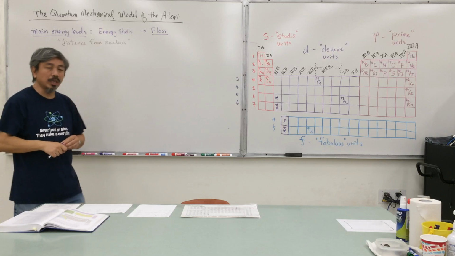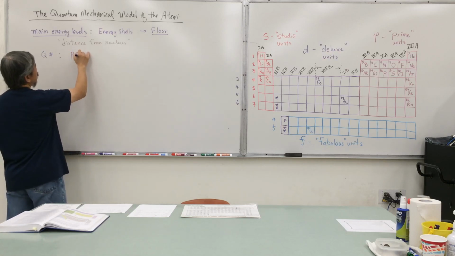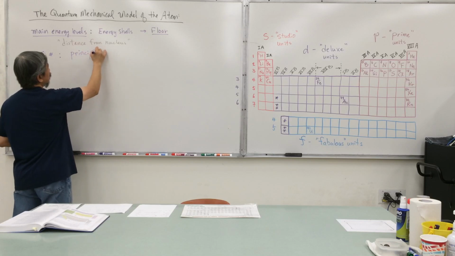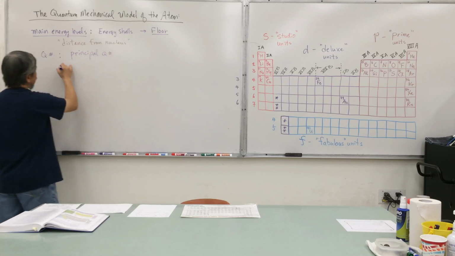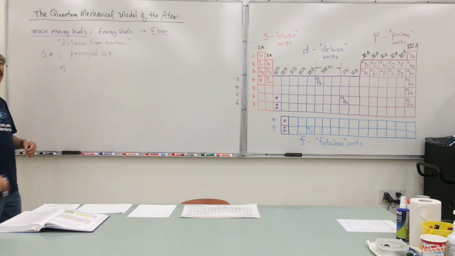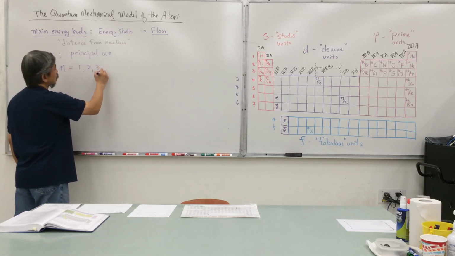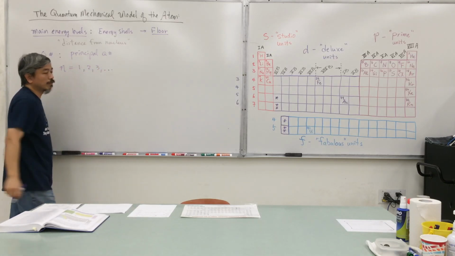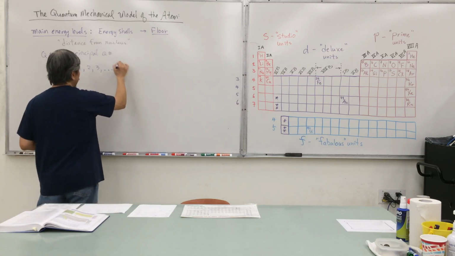The quantum number in this case is called the principal quantum number, and it's going to be designated using the symbol N. It tells you basically the floor number. So this would go from 1 to 2, 3, and so on and so forth. And of course, you can actually go all the way up to infinity.